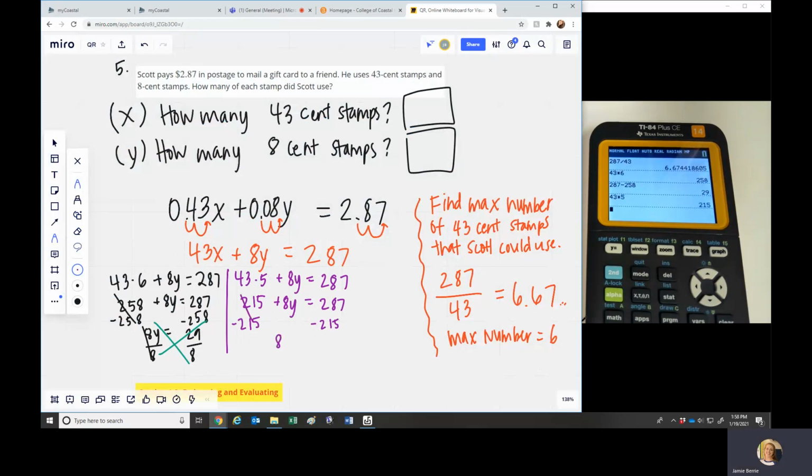That leaves you with 8y equals 287 minus 215, which is 72. Can you divide 72 by 8 evenly? Yes, you can. 8 goes into 72 9 times. All right, so this works. That means we're going to use 5 of the 43-cent stamps and 9 of our 8-cent stamps.